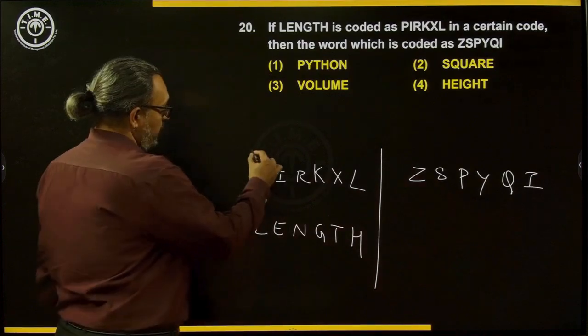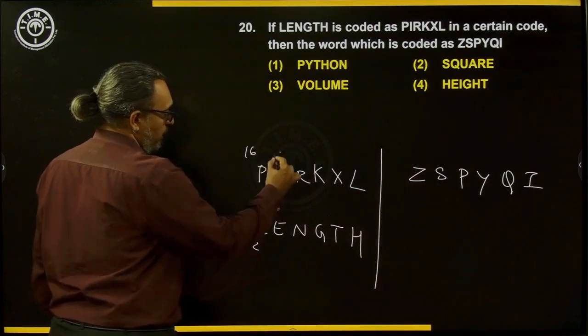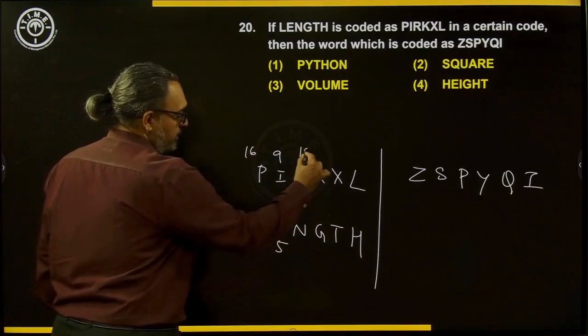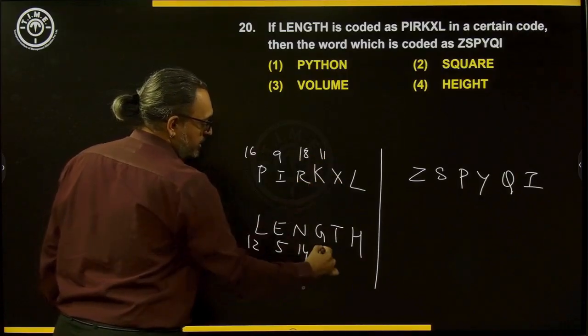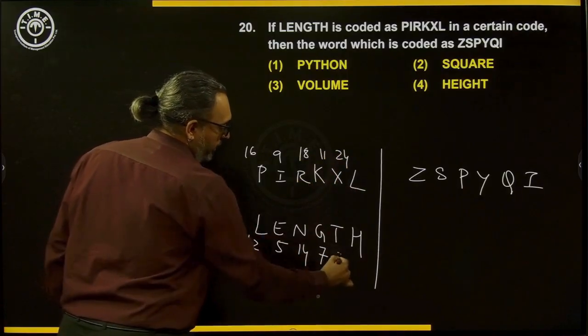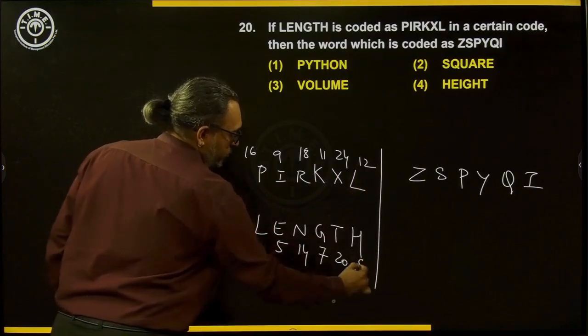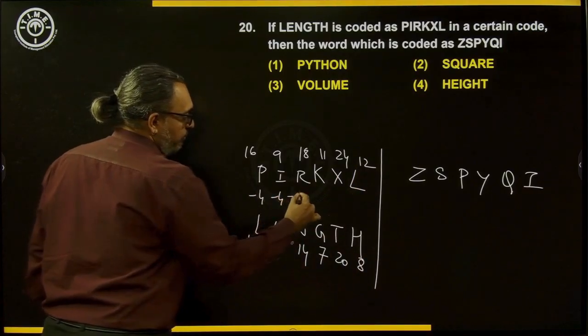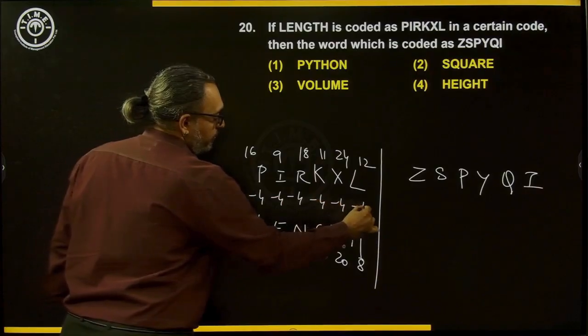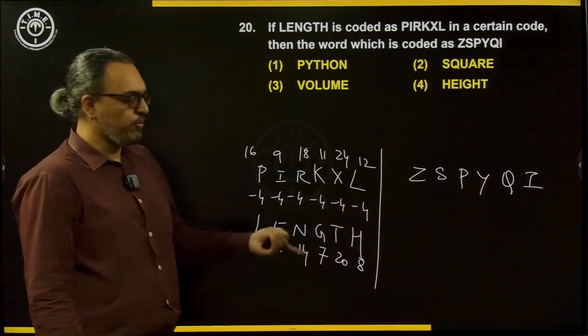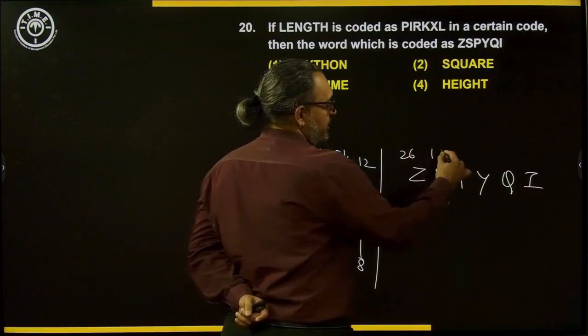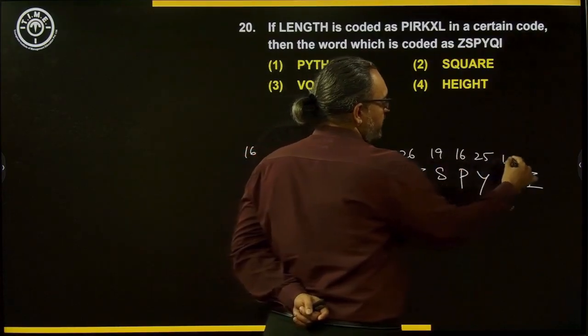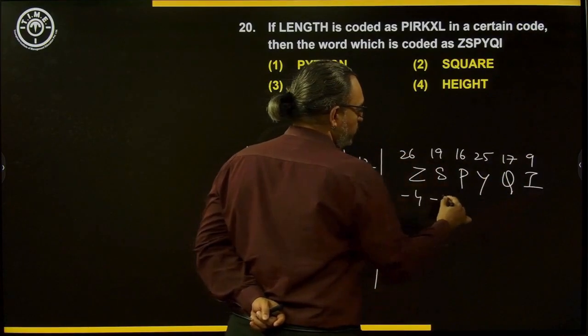So we check. So we have 16, 12, 9, 5, 18, 14, 11, 7, 24, 20, 12, 8. Everywhere you see minus 4 is happening. Minus 4, minus 4. Same thing we do. 26, 19, 16, 25, 17, 9. So everywhere you do minus 4.